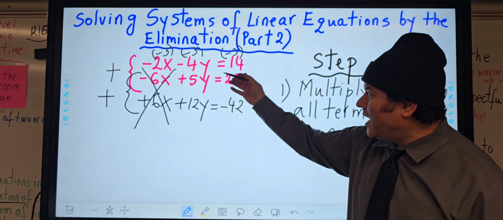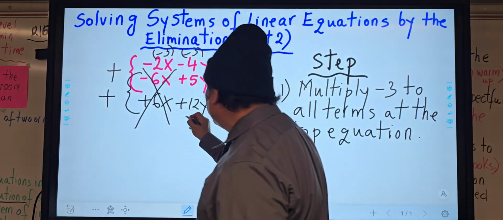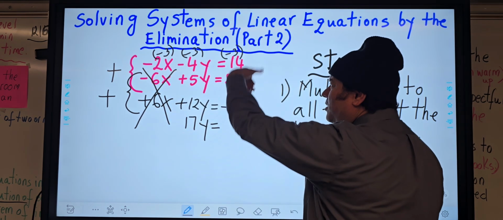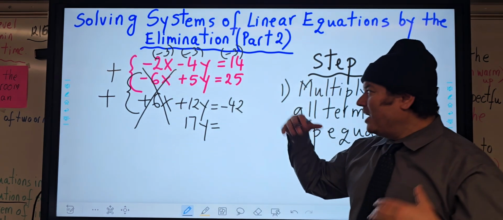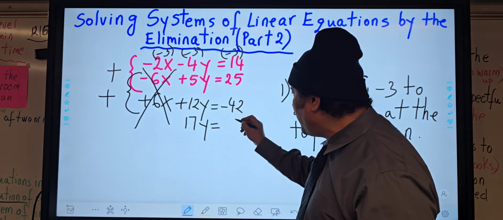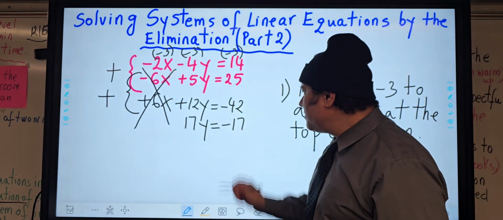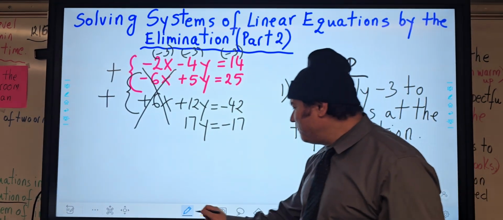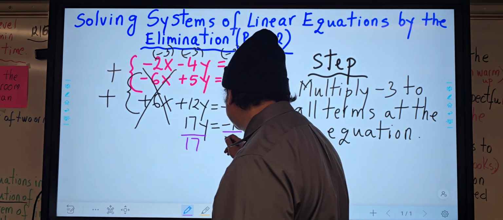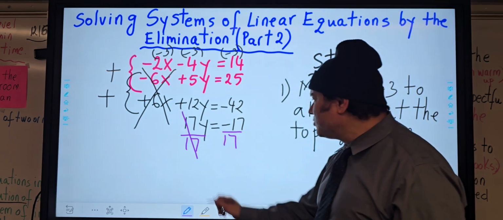Let's add the y's. 12y plus 5y becomes 17y. So we have 17y equals negative 42 plus 25. Remember, opposite signs, subtract. 42 minus 25 becomes 17. Take the sign of the larger number. Finally, we need to divide both sides by 17 so we can solve for y. 17 divided by 17 becomes 1y.